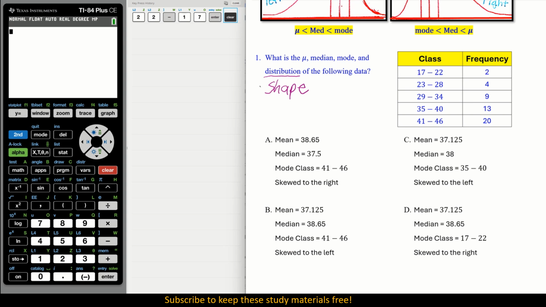Well, this class width is 6. Now you may say, wait a second, 22 minus 17 equals 5. That's not how we calculate. You have to calculate every number. So if you take your fingers out and say 17, 18, 19, 20, 21, 22, you get 6. So that's just how you have to calculate it. And that's how I show students.